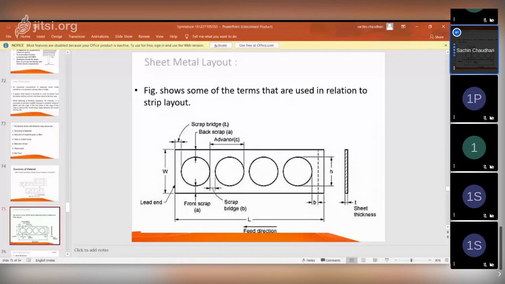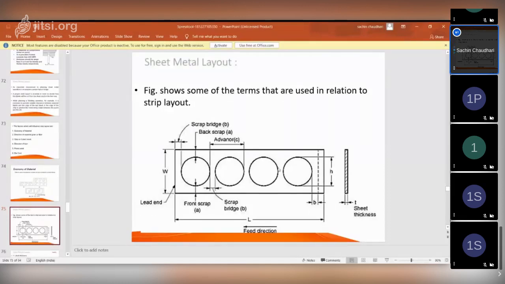Okay, then this back scrap distance A means this is a side distance from the edges of your sheet metal to the shape of the blank. Okay, next is C distance, which is called as advance, means as the punch pierces this part, your sheet is going to feed forward, moving forward.